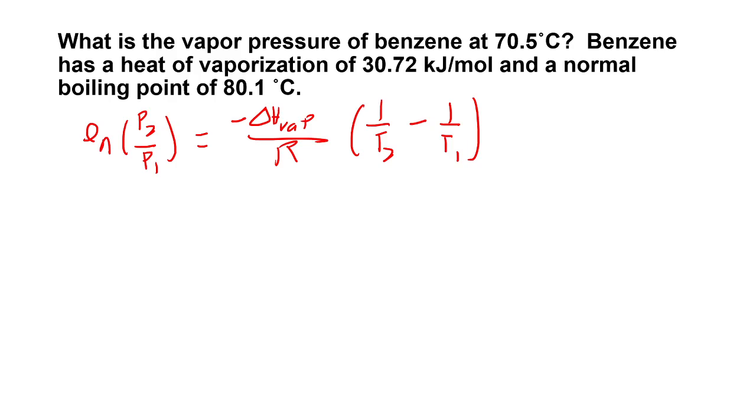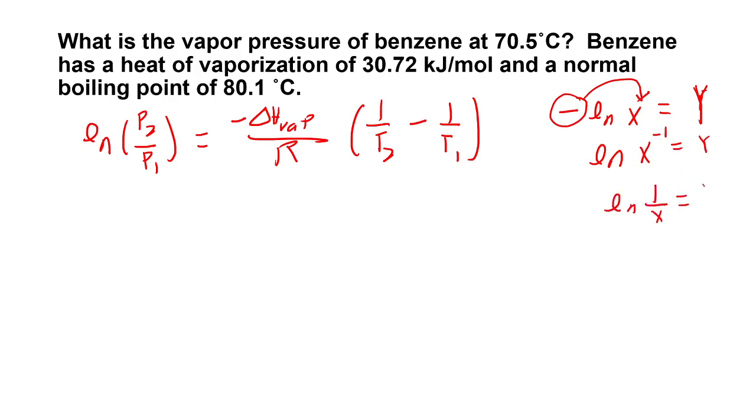We're going to go over this more in another example with natural logs, but in general, remember that if you had something like the natural log of x equals some value y, what's important is this negative sign here is like a -1, and when you have a value in front, you can move it to the power on your logarithm. So this is the same thing as saying the natural log of x to the -1 equals y. Well, x to the -1 is just 1 over x. So sometimes people will do things like flip the P2.